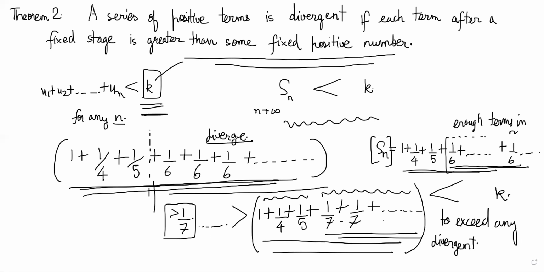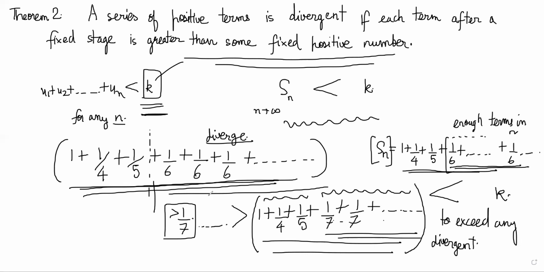Basically, the first thing that we said was that an infinite series is going to converge if u1 plus u2 plus up to un will be less than k for some k. That was the first condition. Now theorem 2 is saying that a series of positive terms is divergent if every term after a fixed stage is greater than some fixed positive number.